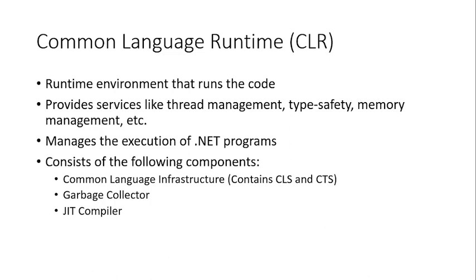Common Language Specification is a language used for writing all these things, and CTS is a type specification which makes it more robust, because the whole .NET framework will have its own type specification irrespective of the different languages it works with, and that's the reason it provides the intercompatibility between the different languages.